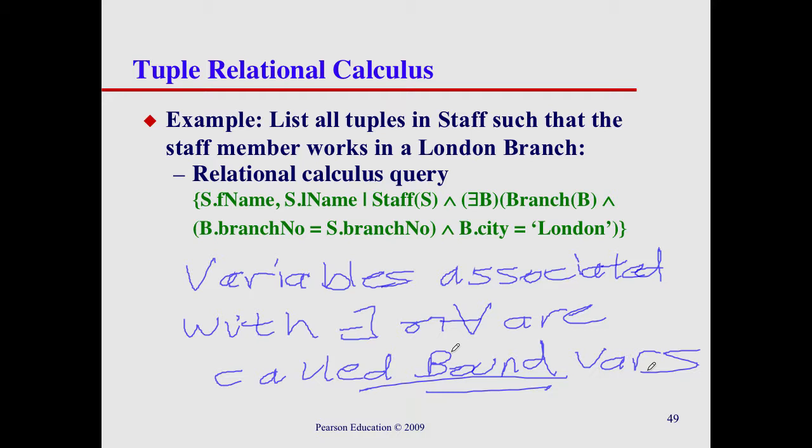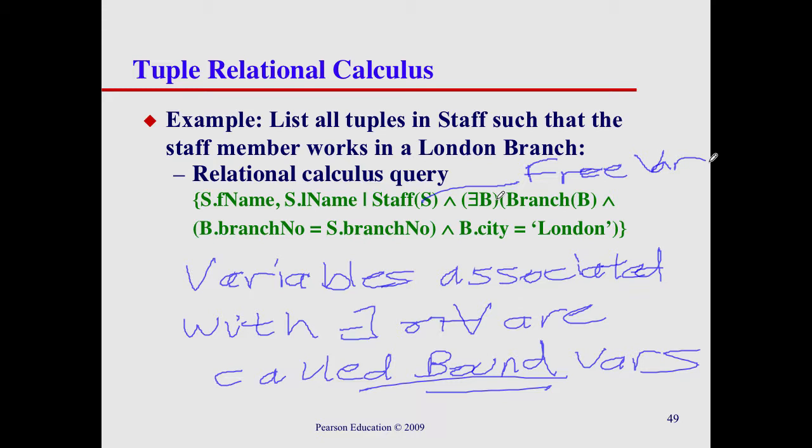And their attributes cannot appear on the left-hand side of the set. So their attributes do not appear in the solution. Whereas those that appear outside of a quantifier, like staff S, these are free variables, because they appear outside of the quantifiers.